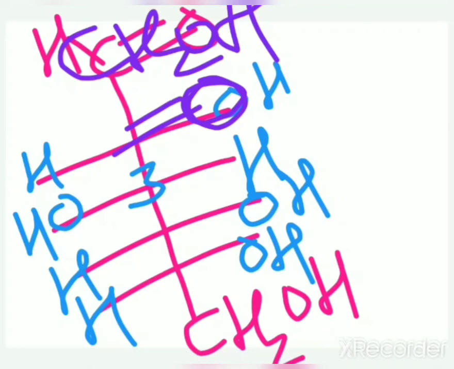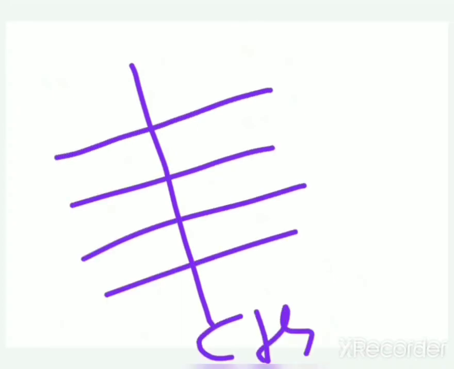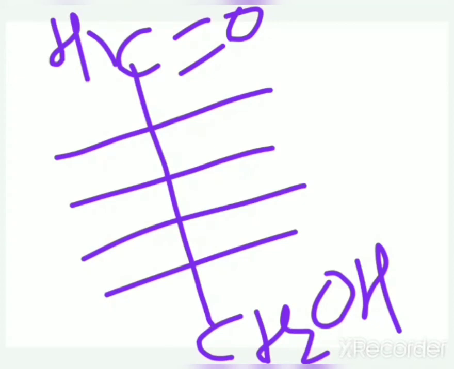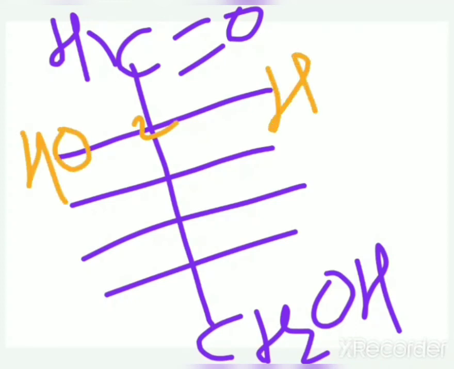Second, mannose. Students, I can draw mannose. These are the 4 lines: CH2OH, CHO. On second carbon, OH is on the left side, H is on the right side. Third carbon also, OH is on the left side, H is on the right side.